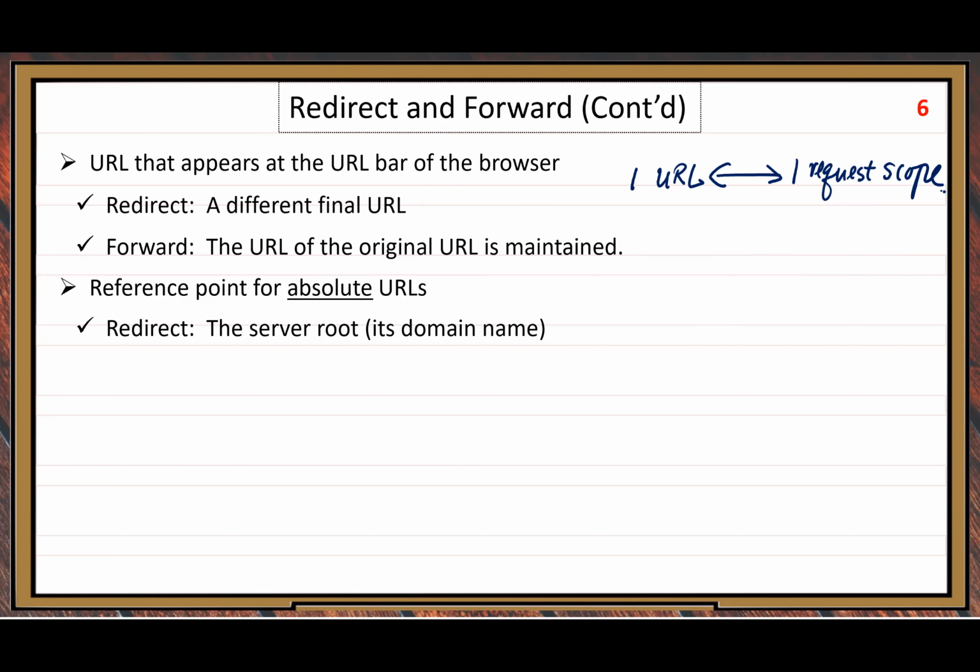Redirect, the server root, the root absolute. So when you talk about the root, it points to the server root. That is the domain name. Okay? Domain name you treat as the root. Because your absolute URL, you need to start with the slash, right?